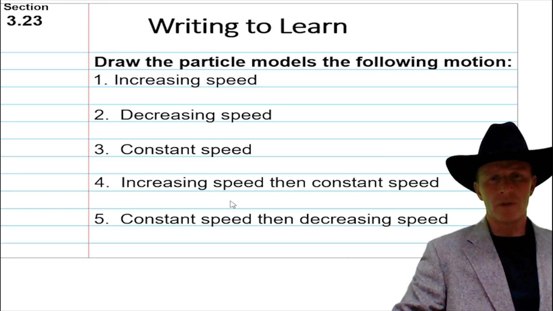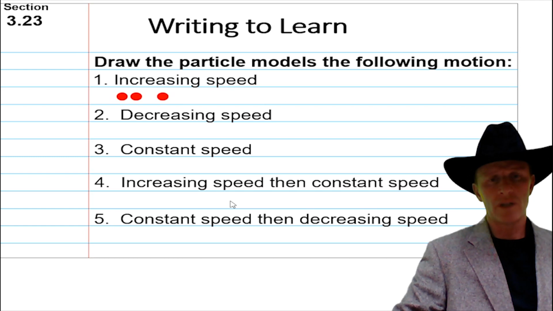All right, so if we were going back to the basics with the particle model, if we were to draw a particle model to represent increasing speed, remember the key is the spacing between the dots. Increasing speed means that the distance from one dot to the next will increase.